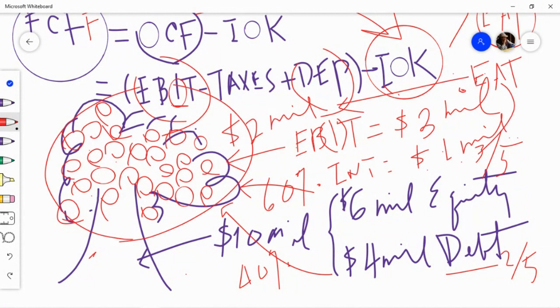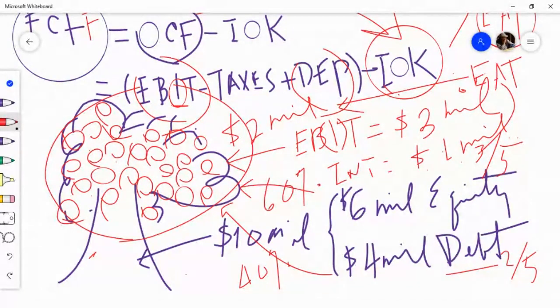If you think about it, free cash flow is slightly like EBIT, but it could be greater than or less than EBIT. It will be greater than EBIT because you subtract taxes and then add back depreciation. So I can't quite say it will always be greater than EBIT.